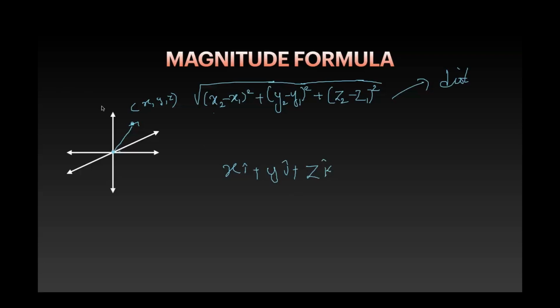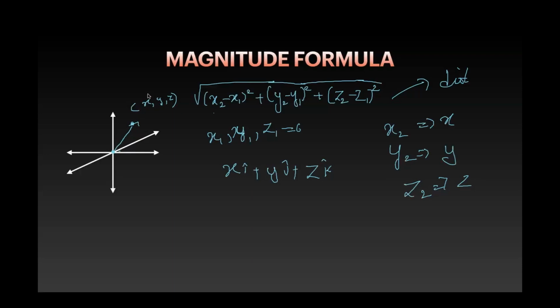Now, if you want the magnitude, don't you think it's the distance of this point from the origin? Correct. It's the distance of x, y, z from the origin. So what you are going to do is put x1, y1 and z1 as 0, and x2 as x, y2 as y, z2 as z.